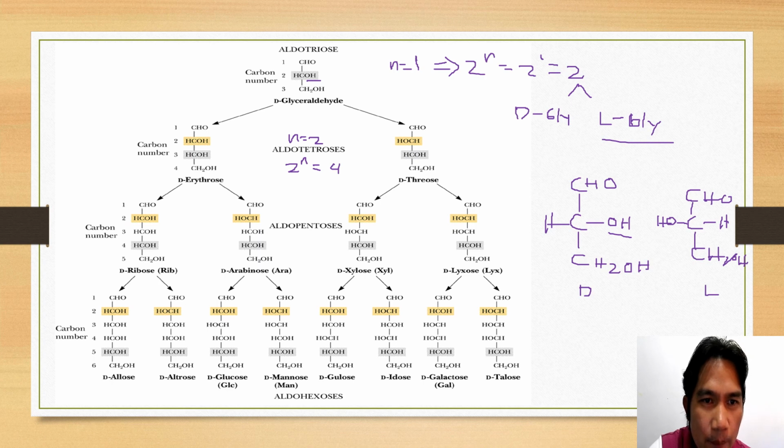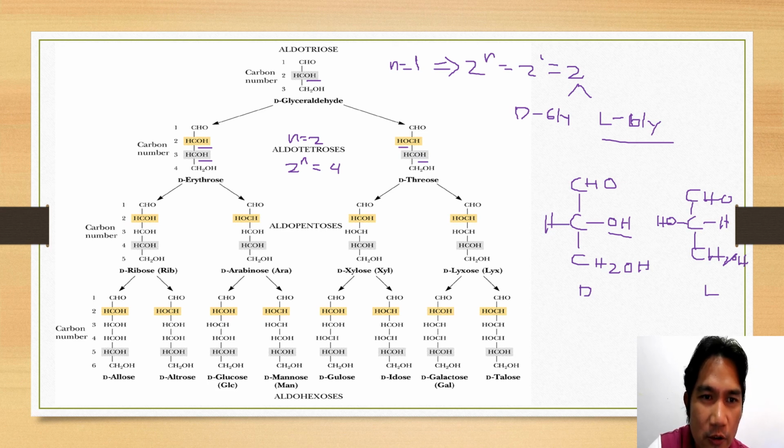So here we have 2 examples of D, being D-erythrose and D-threose. Notice the difference between D-erythrose and D-threose. On the second carbon, the OH is at the right, but here the OH is on the left. On carbon number 3, the OH is on the right side, here at the right also.